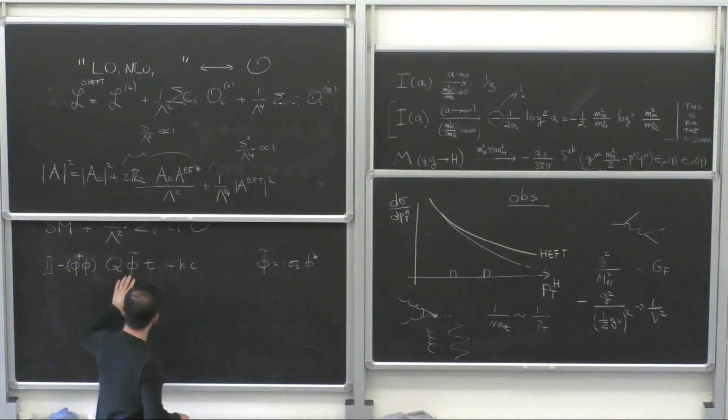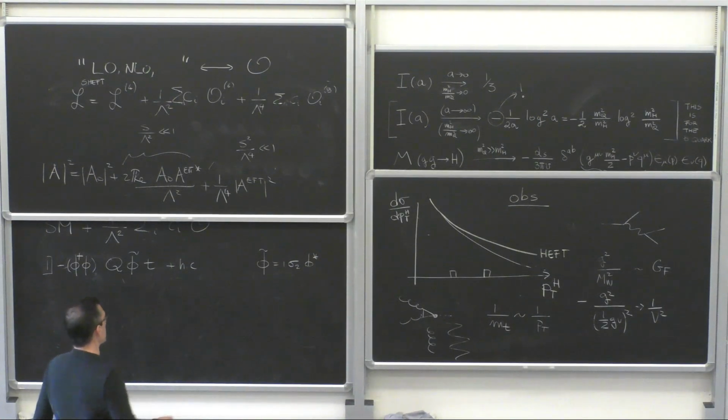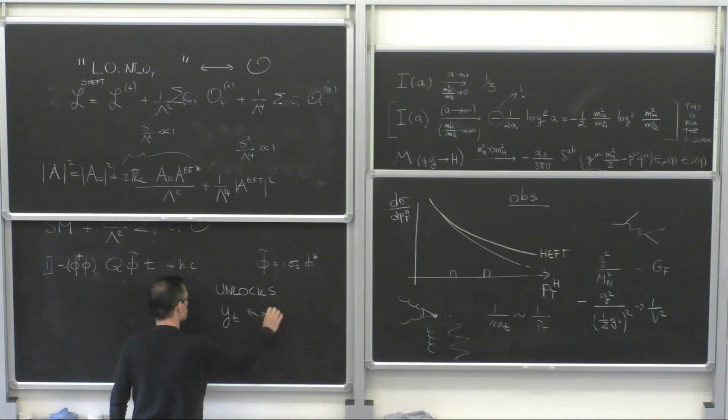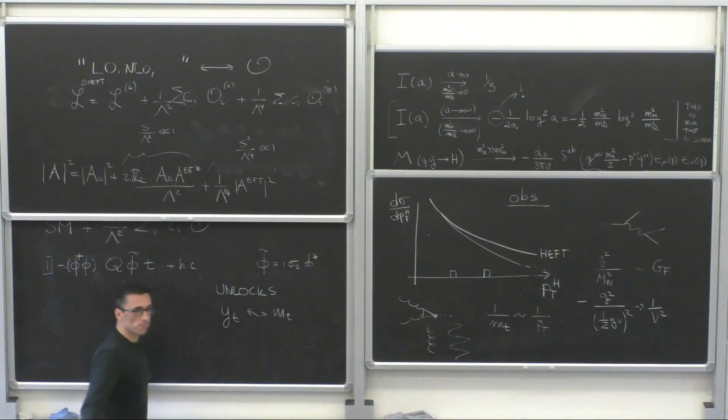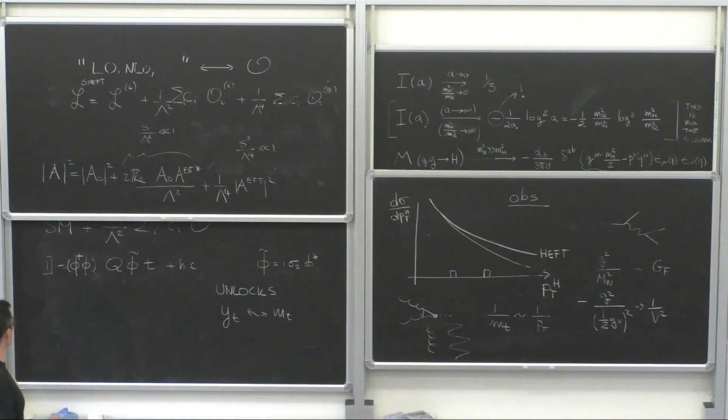One way of thinking about this is that it unlocks yt with respect to the mass of the top. Right? You're adding one more coefficient, which I call C phi t, or T phi. Well, let me call it T phi.